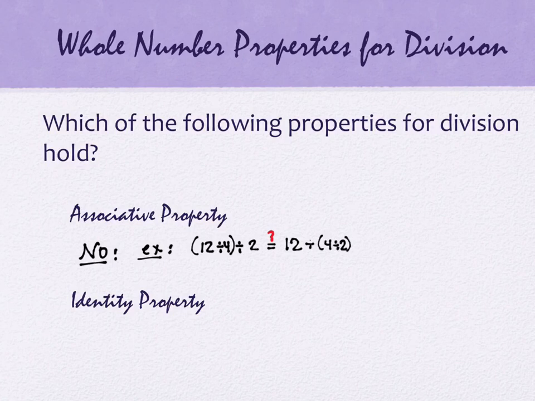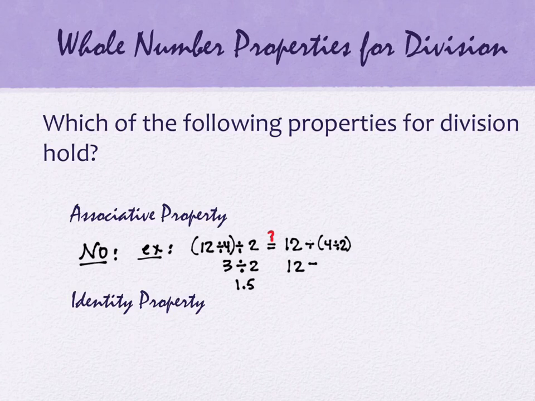So on the left-hand side, we do the 12 divided by 4 first, and we get 3 divided by 2. What's 3 divided by 2? It's not a whole number, right? It's actually the number 1.5. But it's not a whole number, you're right. I'm actually going to leave that off for the moment.